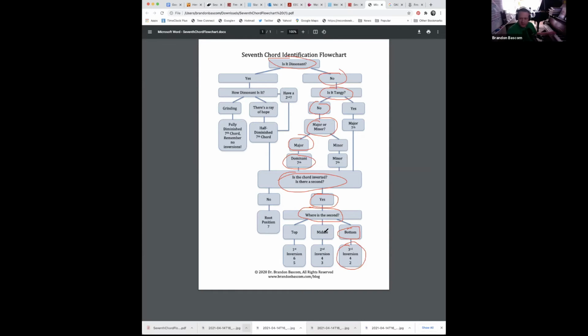Second inversion wants to resolve out. First inversion wants to resolve in. Third inversion wants to resolve down. And the second's on the bottom.